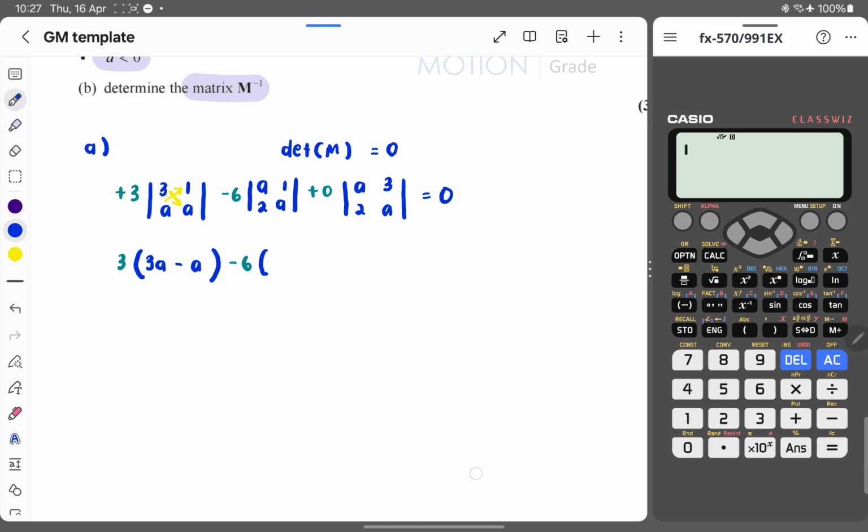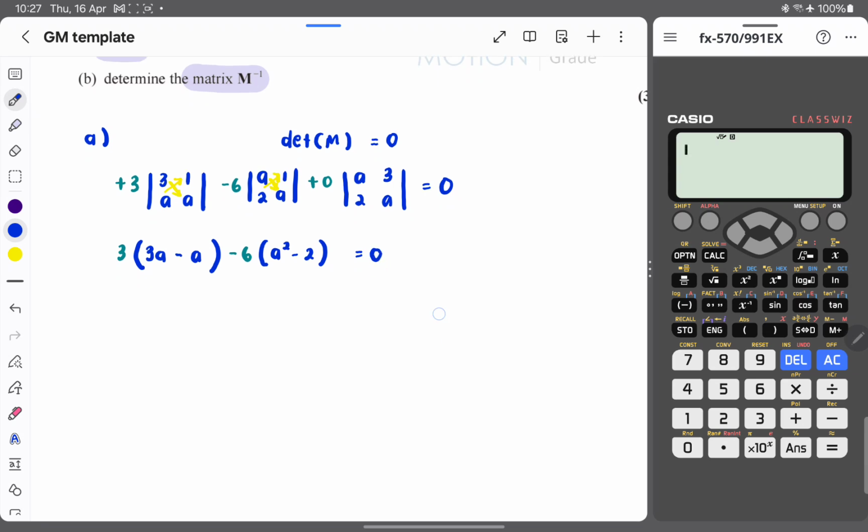Now let's compute our 2 by 2 determinant. Multiply this diagonal minus this diagonal. So it will be A squared minus 2. Now for the last part, anything multiplied by 0 will be 0, so we can simply skip that and make the equation equal to 0.